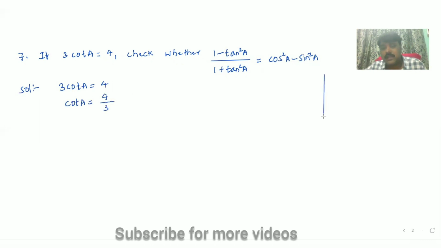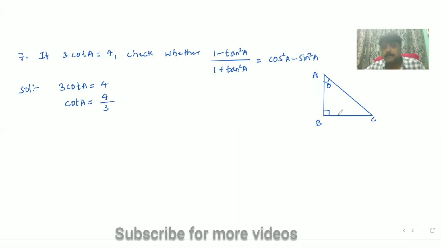Let us draw the triangle first. Shall consider A as theta.